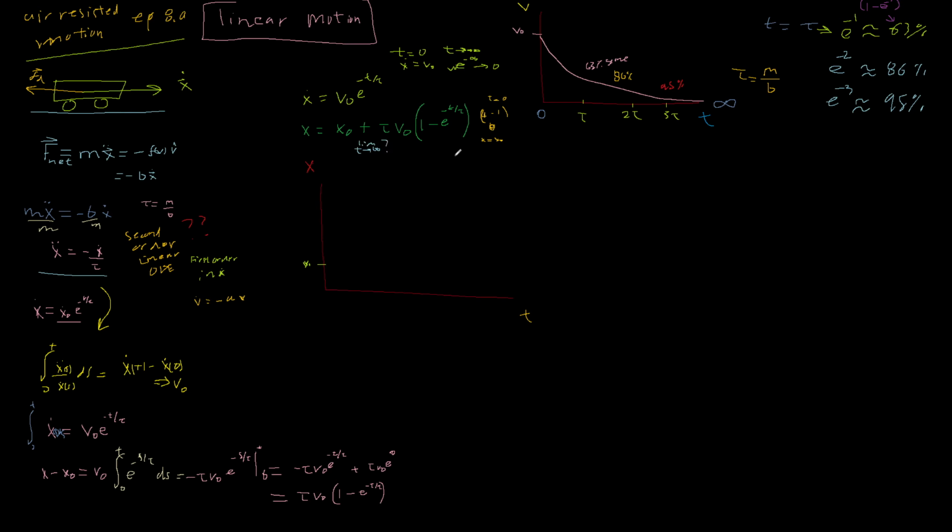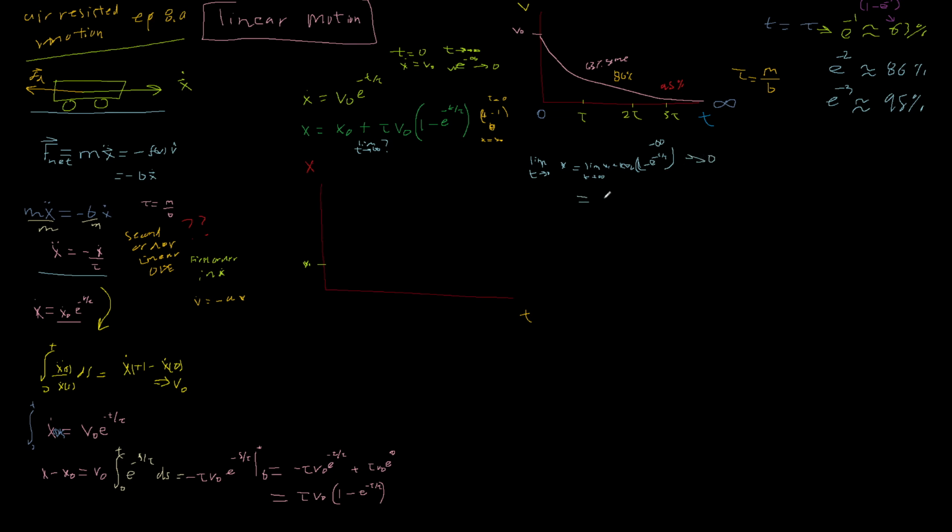The limit as time approaches infinity of x is the limit as t approaches infinity of x naught plus tau v naught (1 minus e to the minus t over tau). This exponent goes to minus infinity, and that turns into 0.